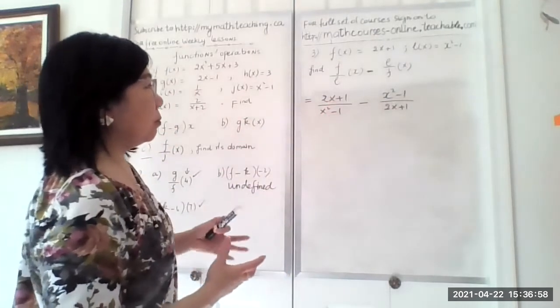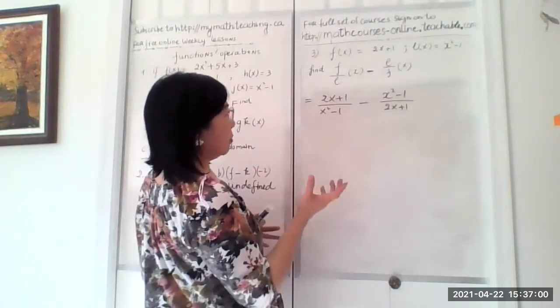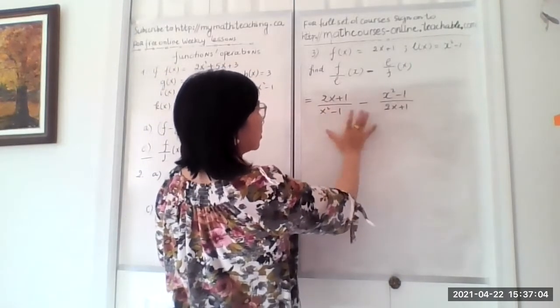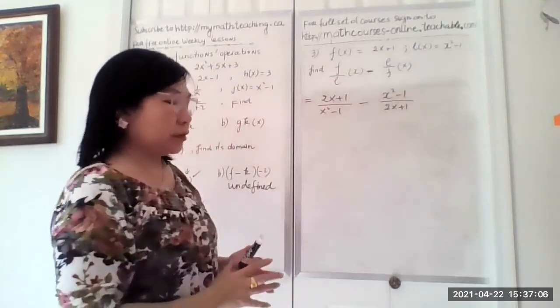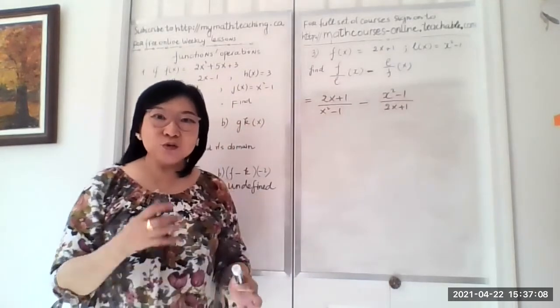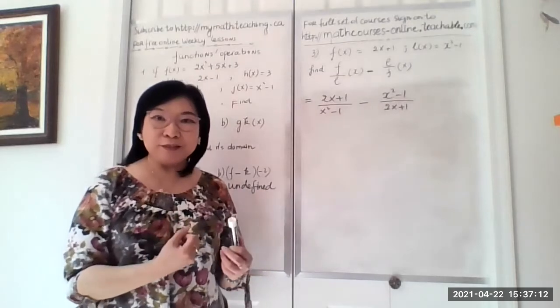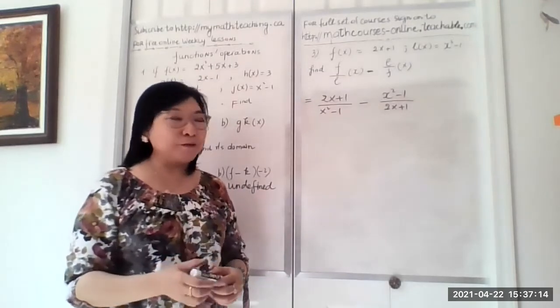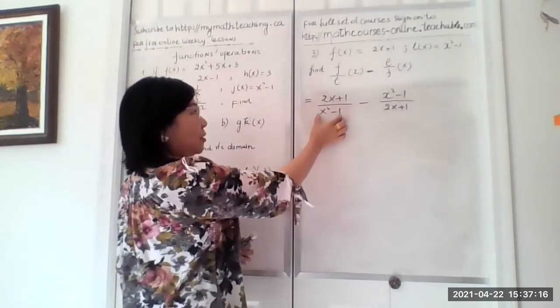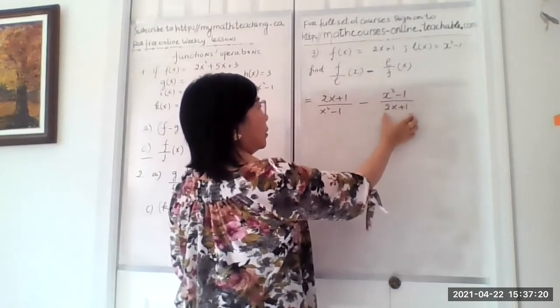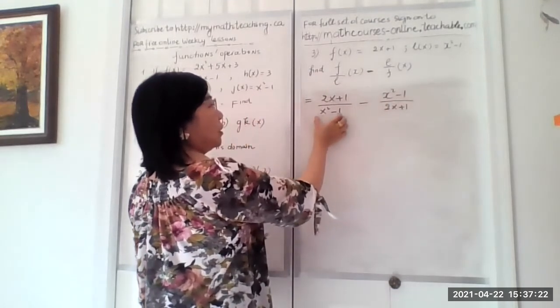So let's see if we can simplify anything further. Again, this is subtracting rational fractions. To subtract rational fractions, you have to have a common denominator, just like we did in elementary school. So this denominator has to be multiplied with this denominator, and this denominator with this one.